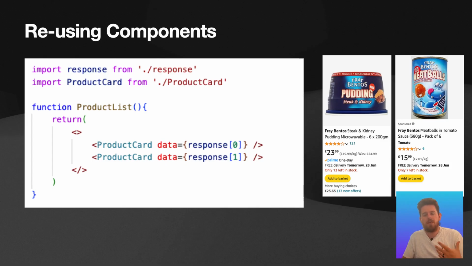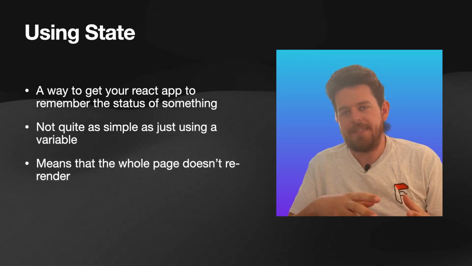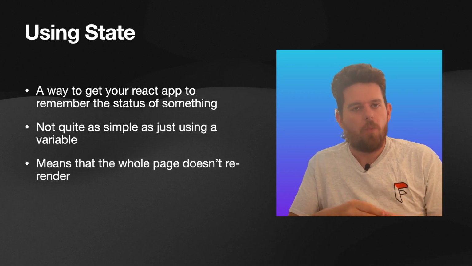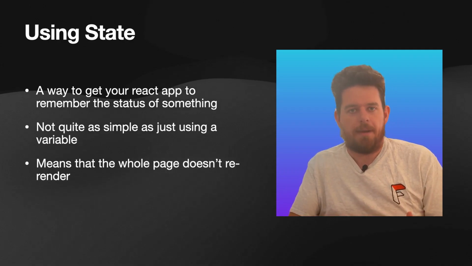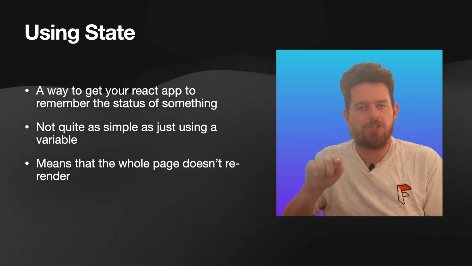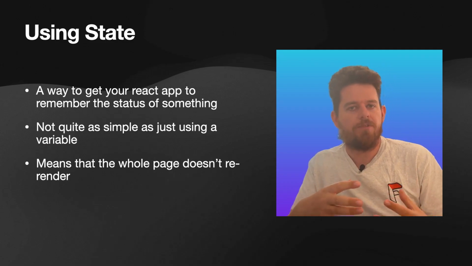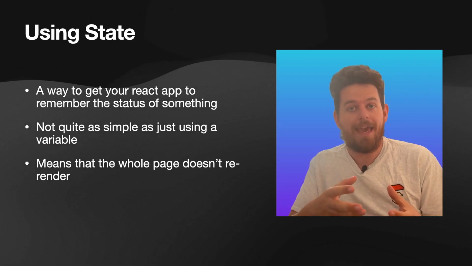So there's one more concept that I just want to put a seed in your head about before we go on. And that is something called state. Now, when we were creating our browser-based games, we often needed to remember the state of a game. So for example, if you were creating something where a sprite moved around the screen, you would have needed to remember where that sprite actually was located.